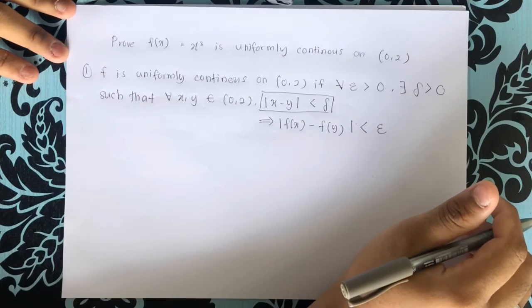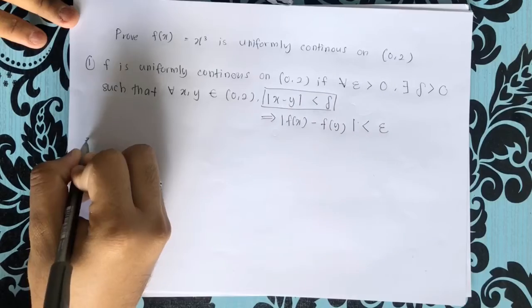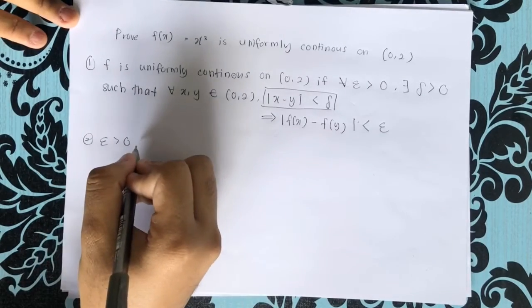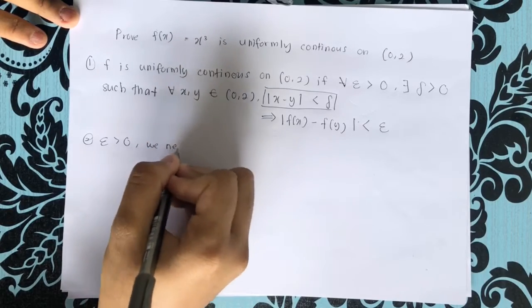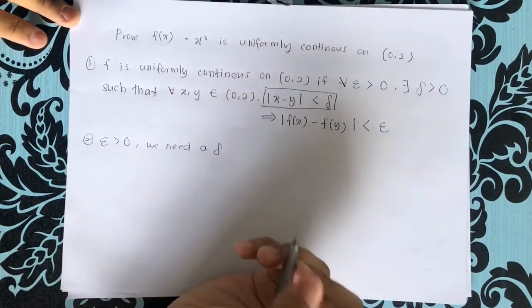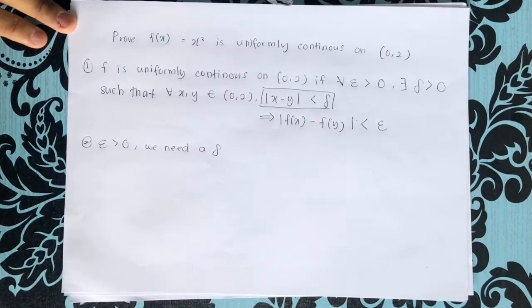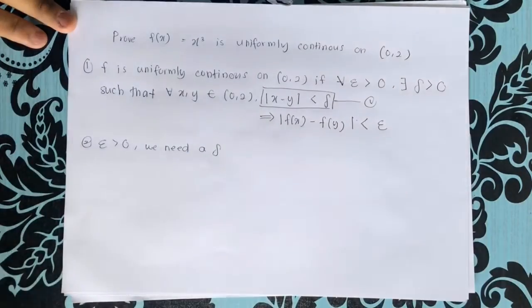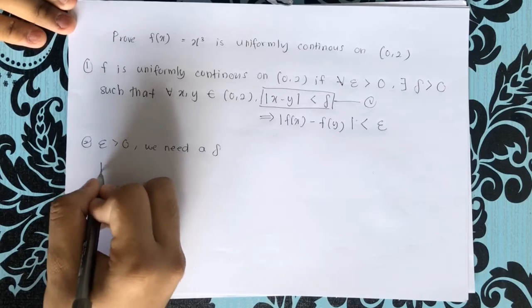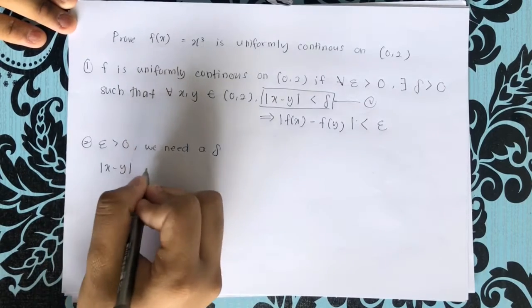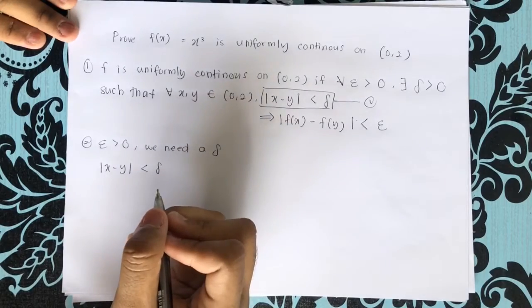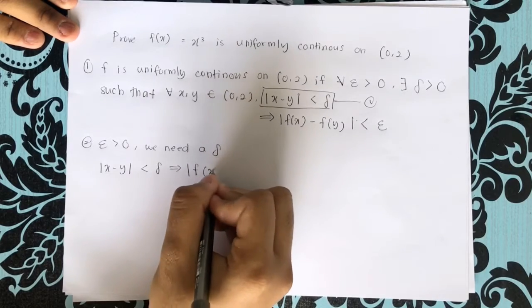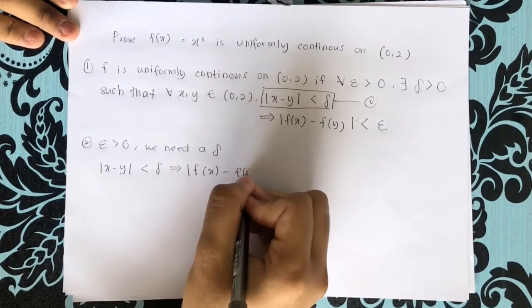And then the problem here is we need to find the delta, given epsilon bigger than 0. To find delta, we go back to this equation, |x minus y| less than delta, which is also the same as |f(x) minus f(y)|.